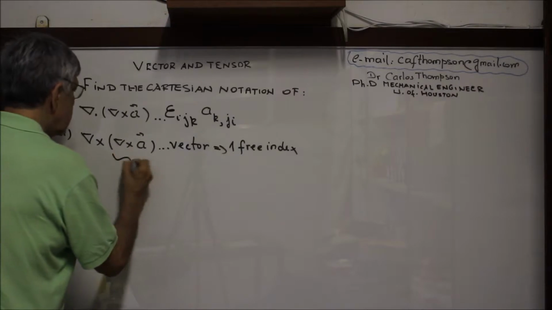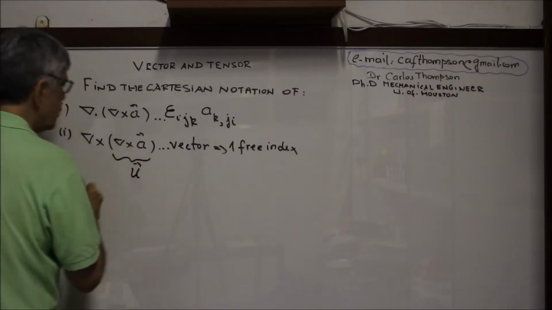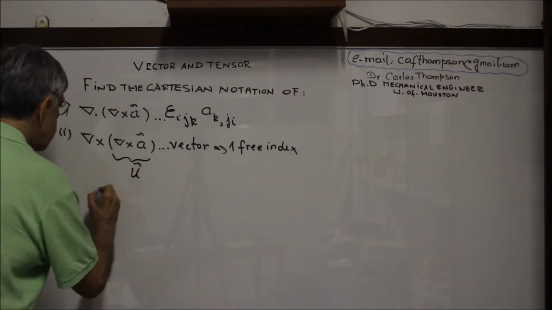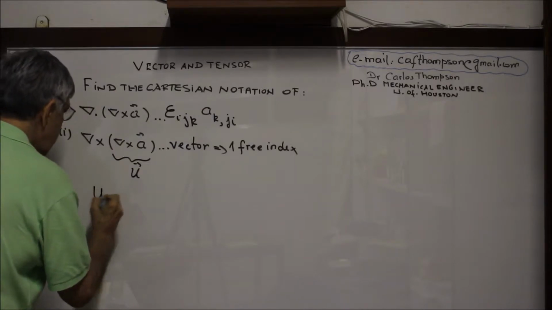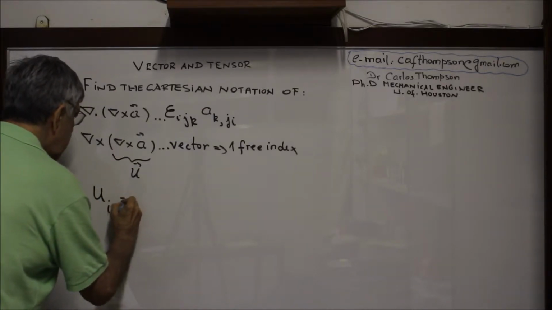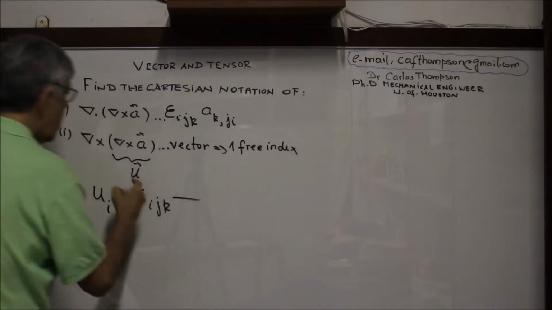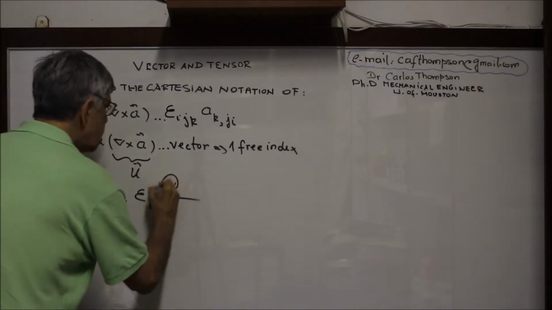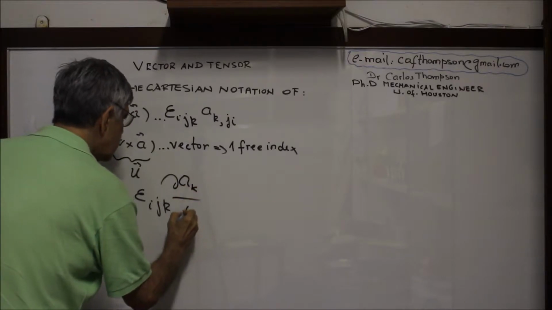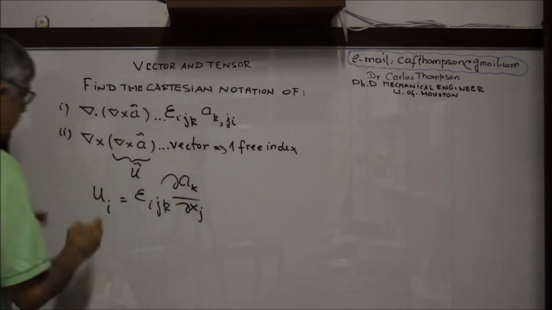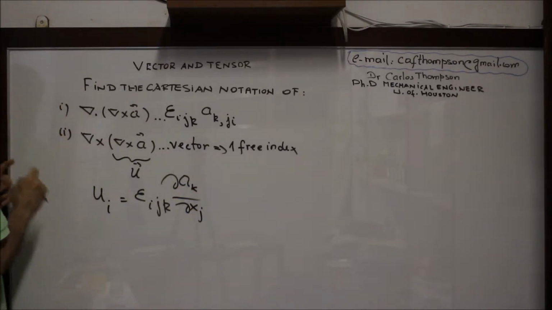So again, let's call this U. So the vector U is U i, is epsilon ijk, partial of A k with respect to x j, as we did before.